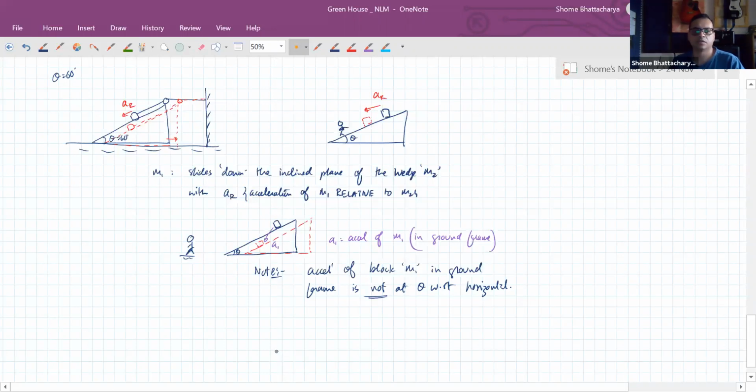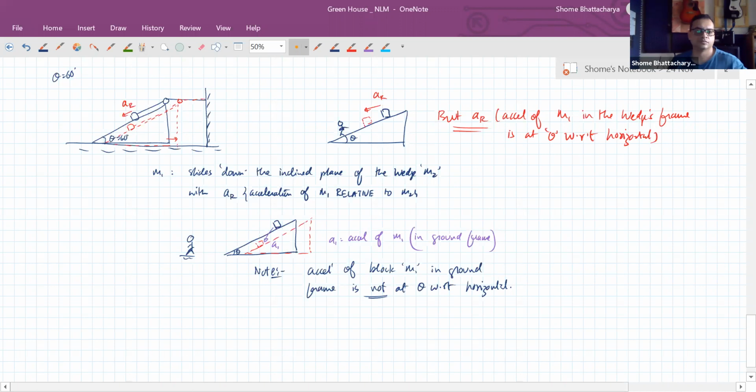But the relative acceleration, that is the acceleration of M1 in the wedge's frame, is at theta with respect to the horizontal. So this is something very important to understand.